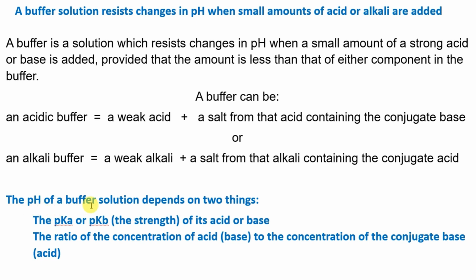The pH of a buffer solution depends on two things: the pKa or pKb, in other words, the strength of its acid or base, and the ratio of the concentration of acid or base to the concentration of the conjugate base or the conjugate acid.